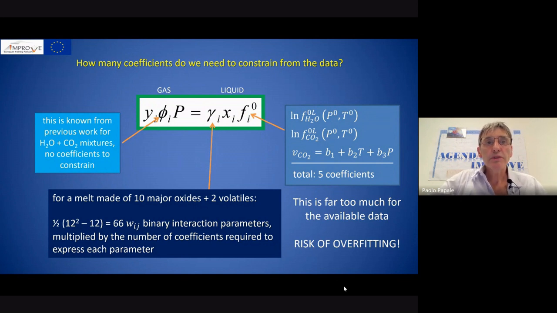Thus, we want to keep the number of model coefficients as low as possible, and certainly lower than the large numbers from the figure in this slide. How can we do that?